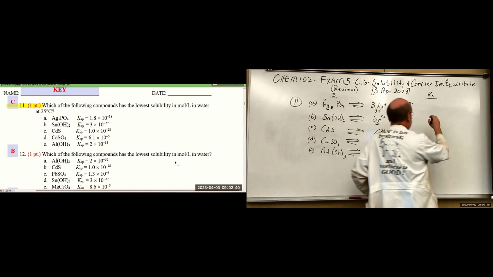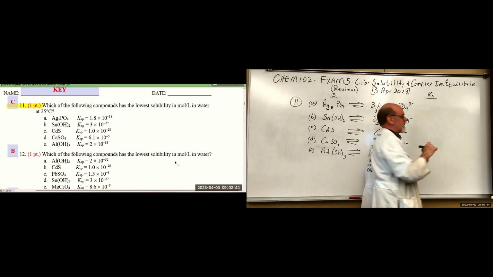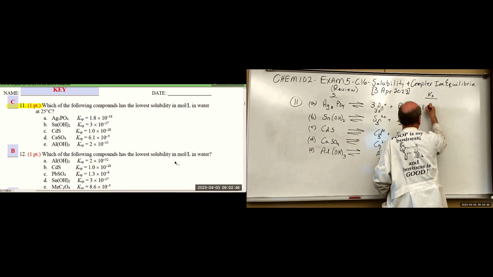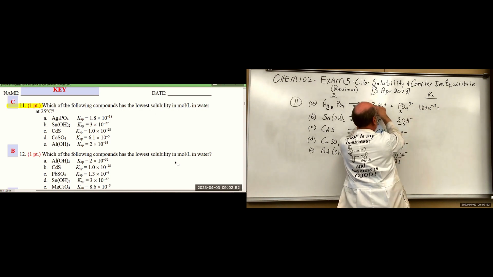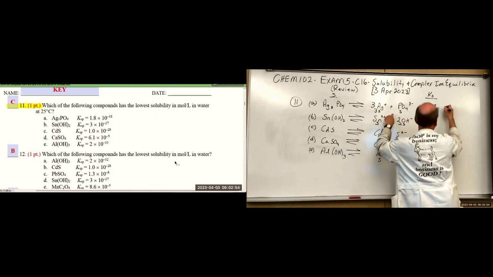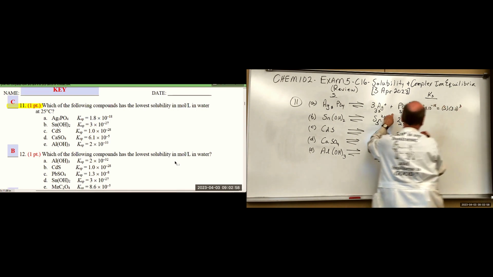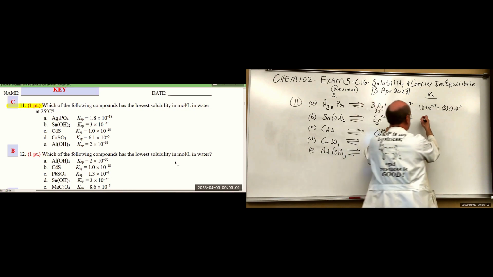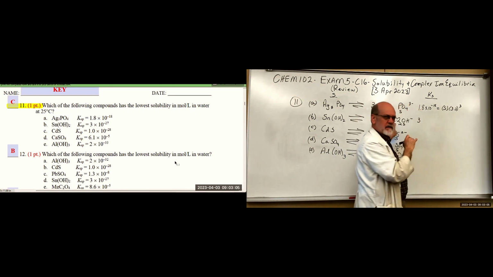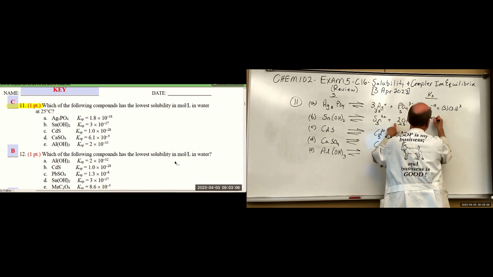Now, when we write the expression, 1.8 times 10 to the minus 18. That will be this one times this one, but this one's to the third power. So this will be s, and then 3s to the third power. See the pattern is developing. 3 times 10 to the minus 27.